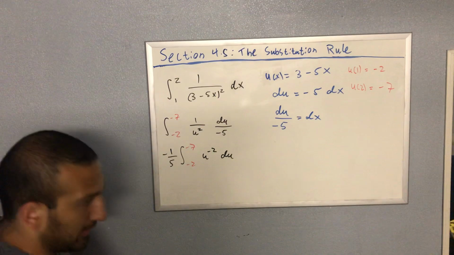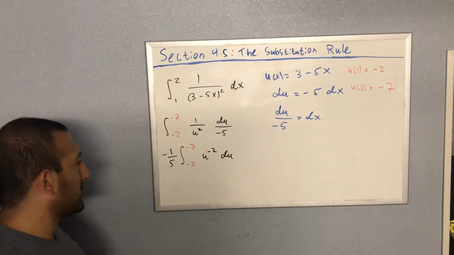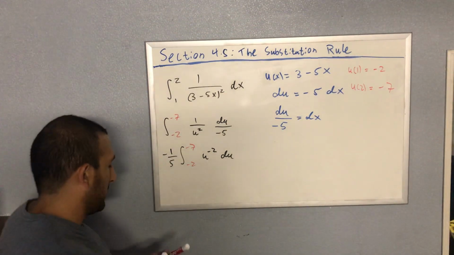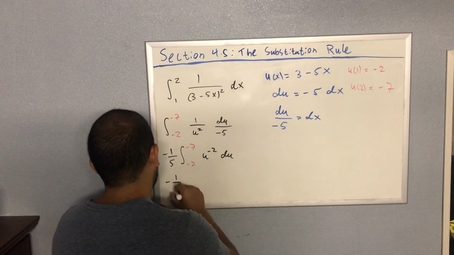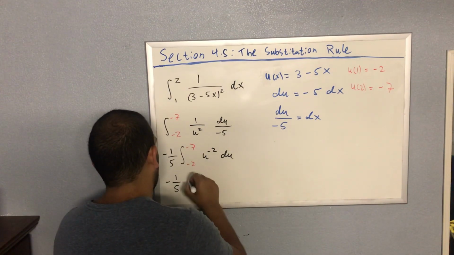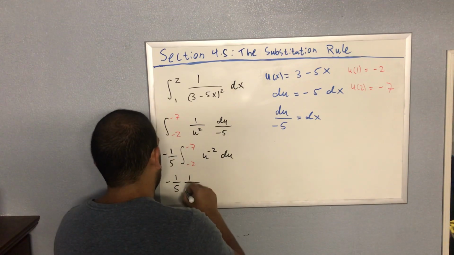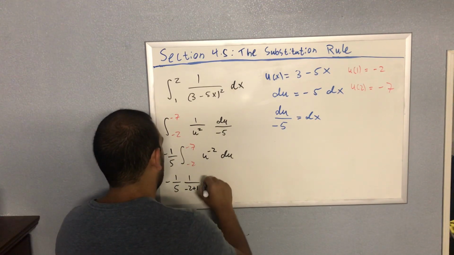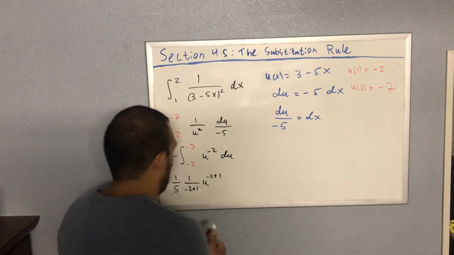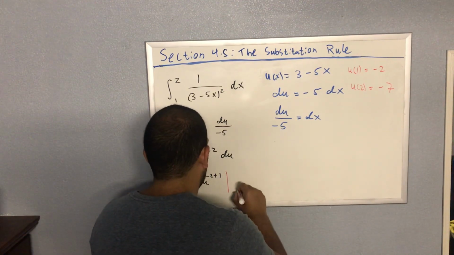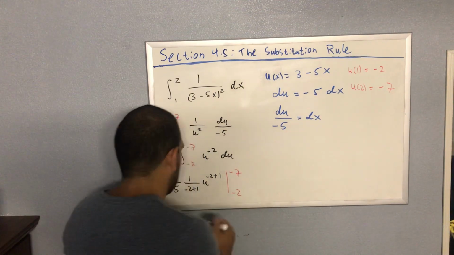So the same concepts that we've been using. We use the power rule. So this is negative 1/5 times 1 over negative 2 plus 1, u to the negative 2 plus 1, all evaluated from negative 2 to negative 7.